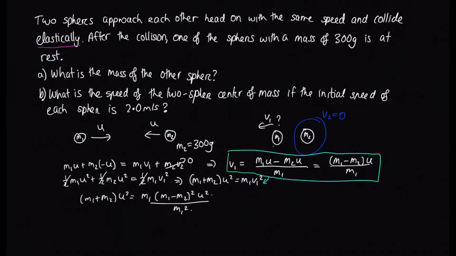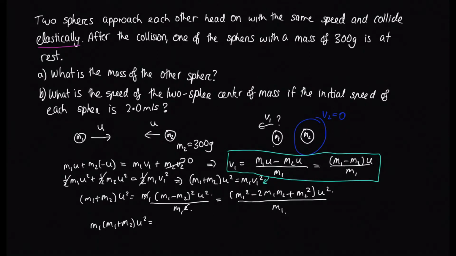We've got an m1 on the top and the bottom, so one of these will cancel out. Let's expand this square: m1 squared minus 2 m1 m2 plus m2 squared, times u squared, all over m1. Now I'm going to multiply both sides by m1 to get the m1 off the bottom. So we've got m1 plus m2, times u squared.